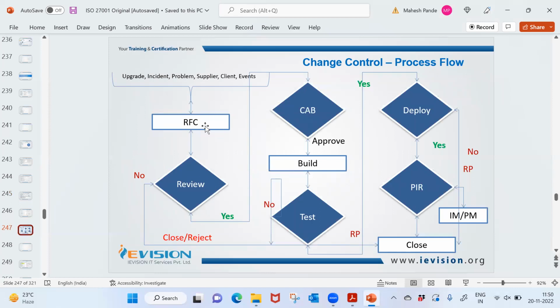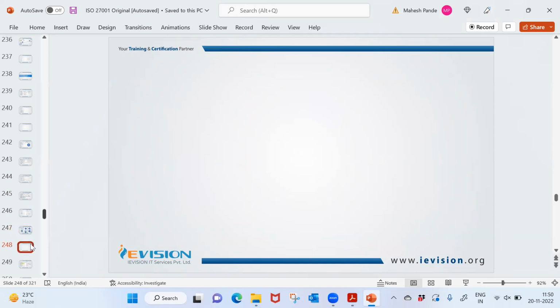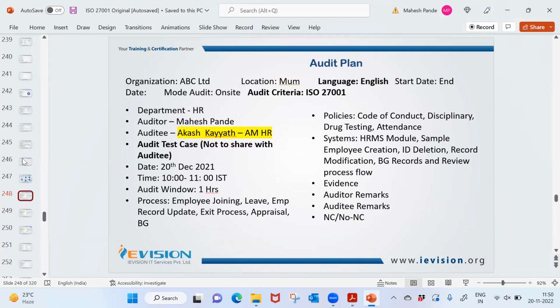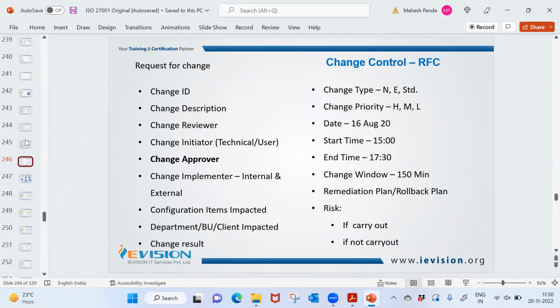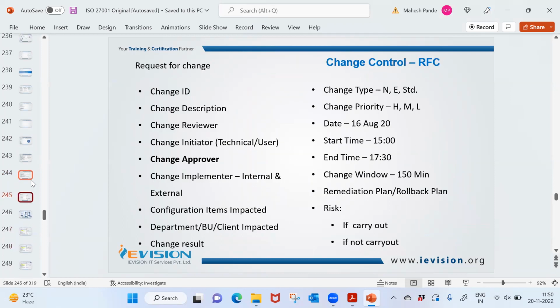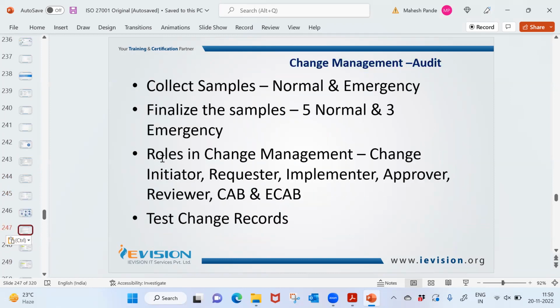How much time it has taken for the review. You must have some service level, I will not say service level agreement, so change management SLAs. I'm going to review those change management SLAs as well, and I'll verify against the SLAs. What am I going to do?